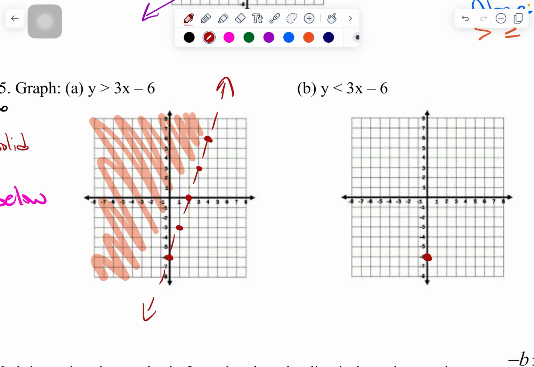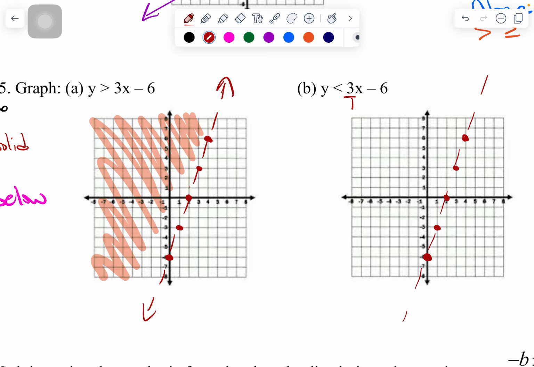Yep. And then I'm going to count the same slope, right, because this is over 1. So up 3, 1, 2, 3, over 1. I can do that again, and again, and again, and then I run out of graph. The boundary line in this case, there is no equal to part, so the boundary line is still a dotted line.